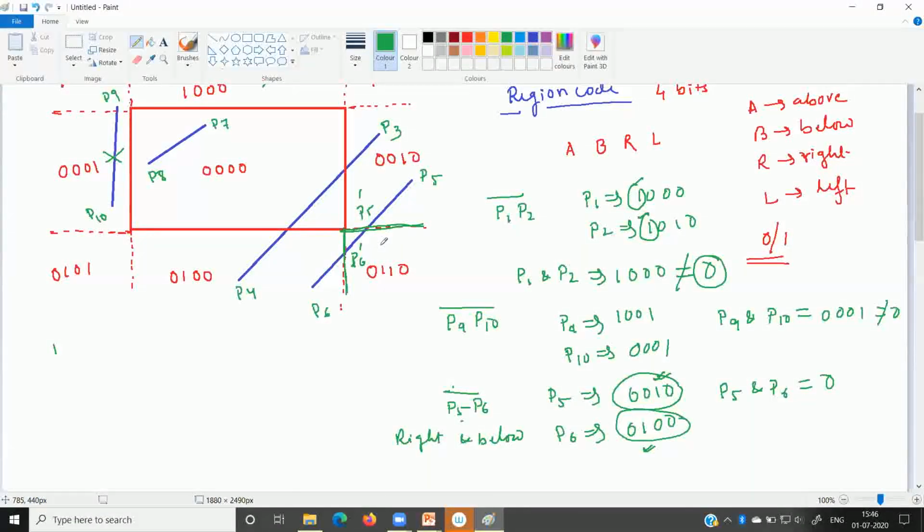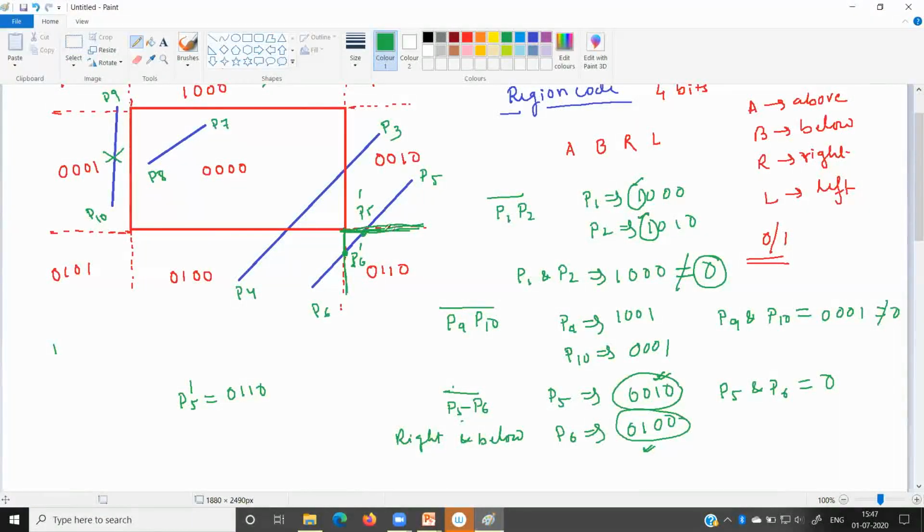So again, let us check what will be the region code for P5 dash and P6 dash. You can see that P5 dash is present over here and P6 dash is present over here. For P5 dash, the region code will be 0110, because this point is on the right side, and it is also below, because it is on the line.